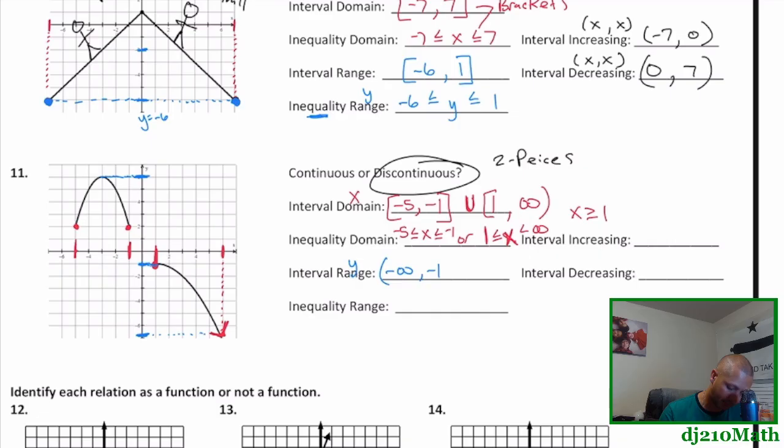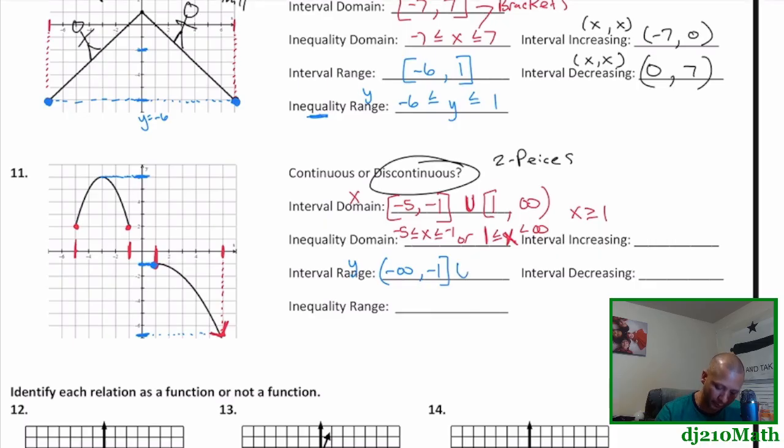And it's a closed circle, so bracket. So the smallest it could be, negative infinity. The next highest, -1. Now that's the first piece.